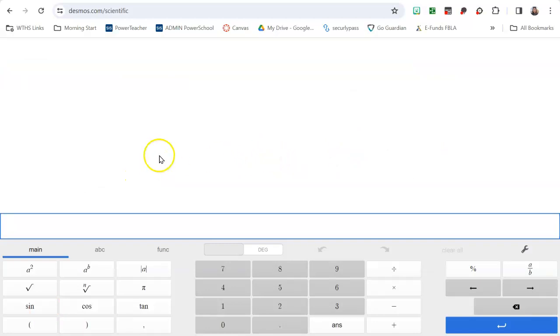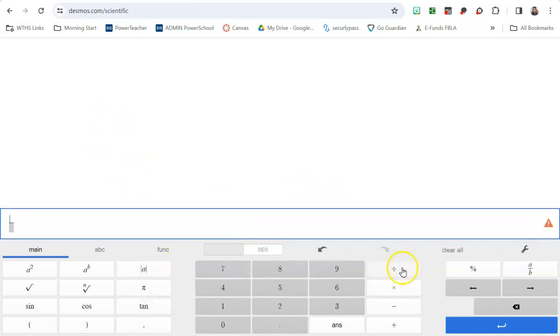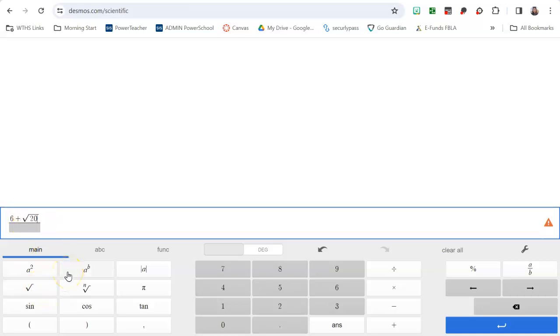Now, if you're someone that's not using your graphing calculator, instead are using Desmos, there is a pretty easy way to go about and type this into Desmos. First of all, you're going to want to be on your graphing calculator. And if you go ahead and press the division button, automatically this gives you a fraction. So what's nice about this is you can actually kind of type everything in at once. 6 plus, here's your square root button, 20.